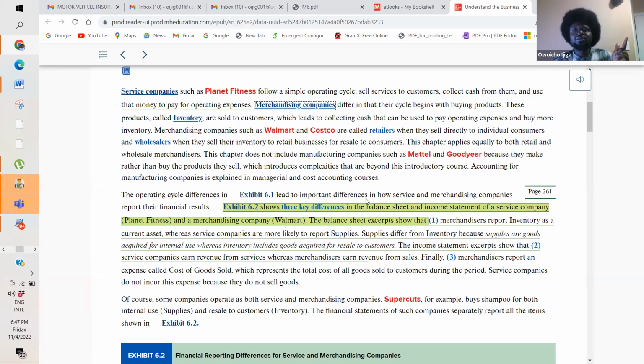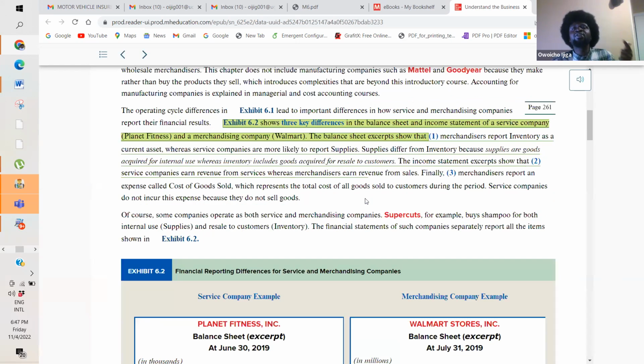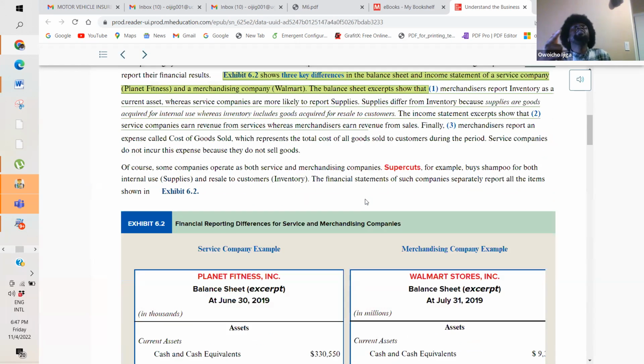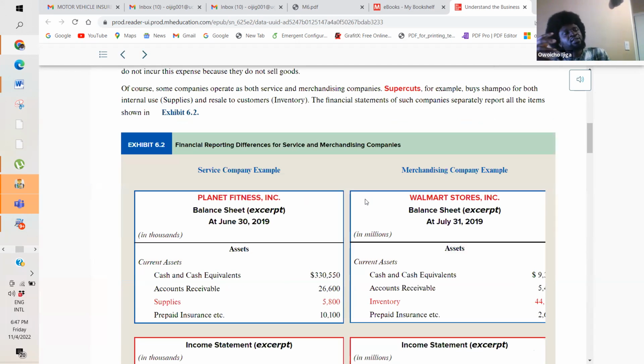Now, let me give you another good example of a service company. I know most of you register with some gym centers where you go and use their facilities to warm up and build muscles. They offer you their facilities for a monthly subscription. That is a service.